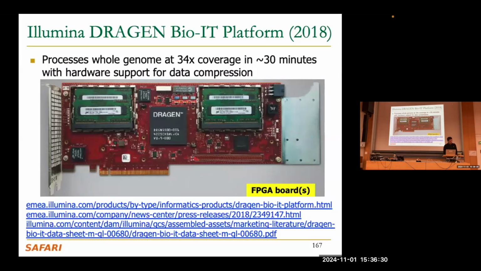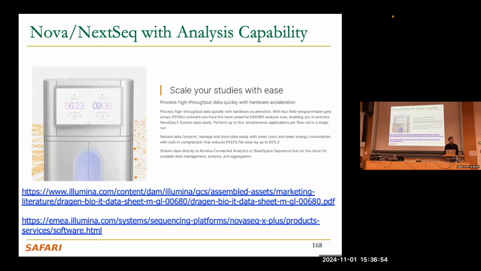For example, one of the sequencing companies, Illumina, which produces one of the solutions based on sequencing by synthesis technology, is commonly a market leader in the field. They now integrate FPGA solutions inside their sequencers, so that you do your analysis while the sequencing is happening. This is essentially their take on hardware acceleration inside the sequencer.